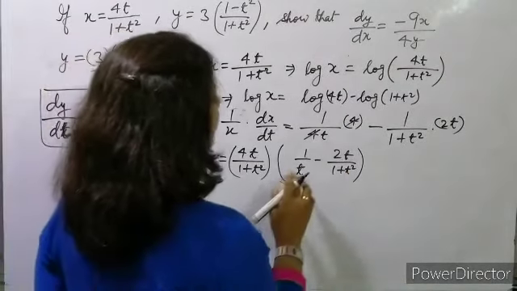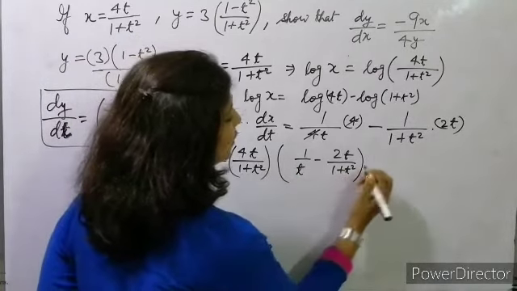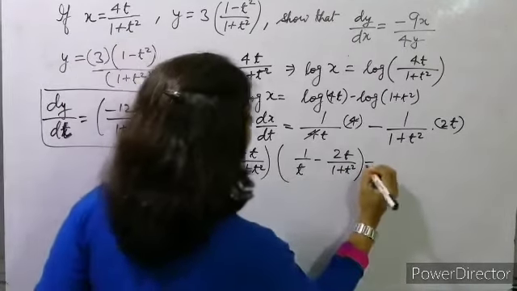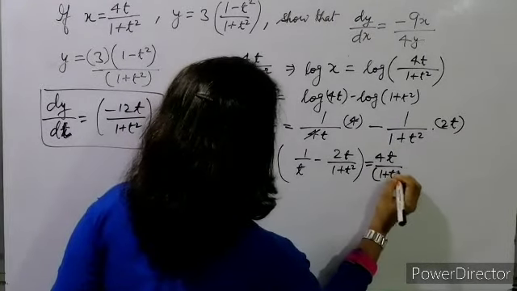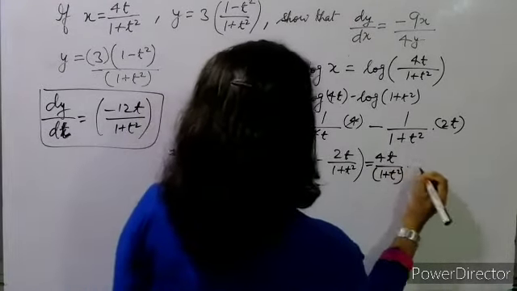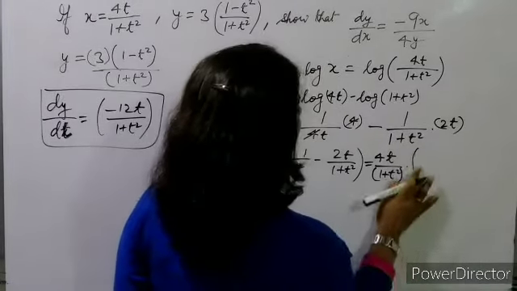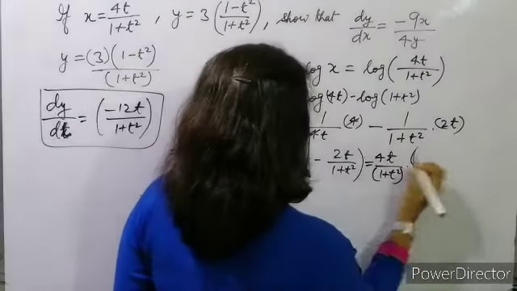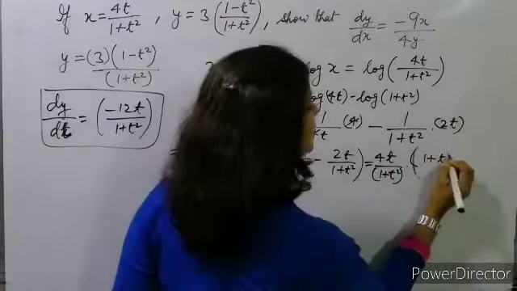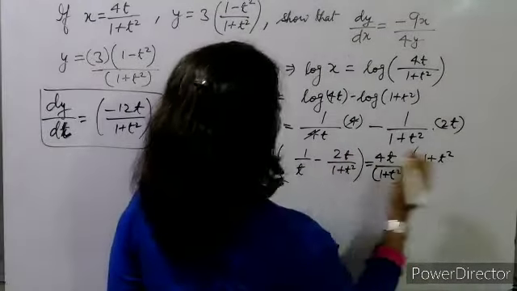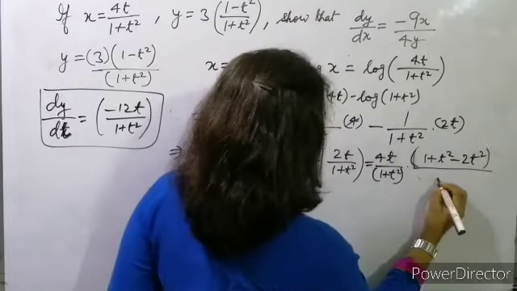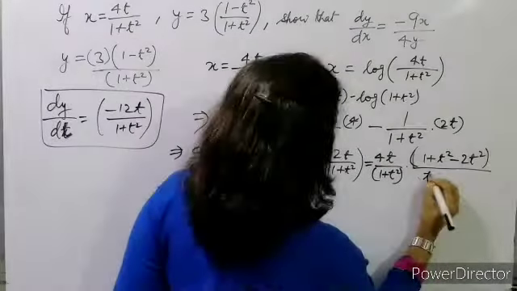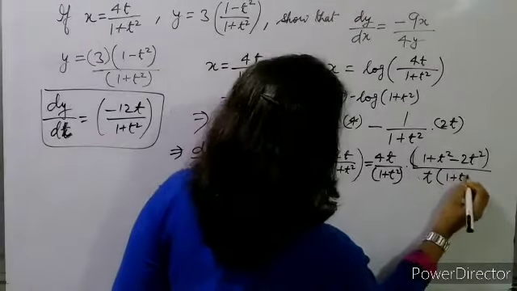So what we'll do, directly, this is 4t divided by 1 plus t square, and now we multiply by this one, we'll write here 1 plus t square minus 2t square divided by t into 1 plus t square.